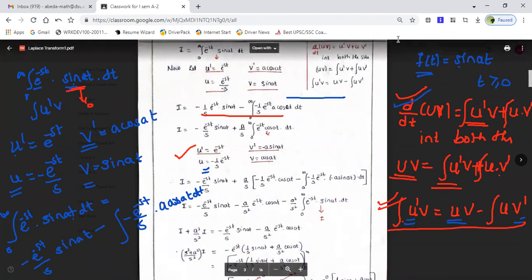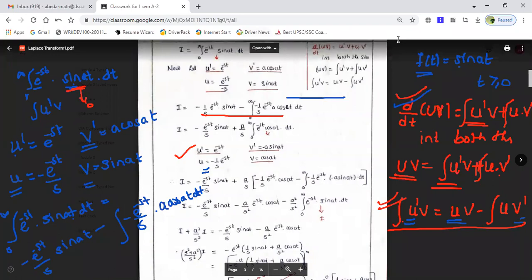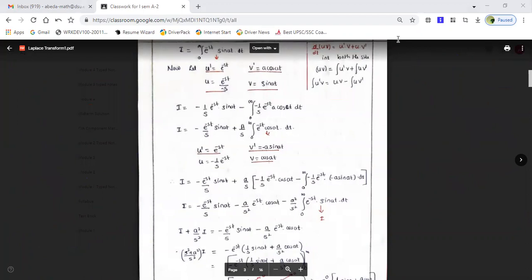Then here a is there. This a and this s, that is a by s I have taken out. That is a by s, integration from 0 to infinity e to the power minus st cos at dt. Okay. So this is the next step, just writing the minus sign out, and I'm just clearing this now.